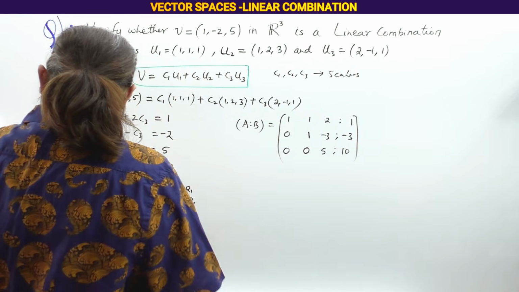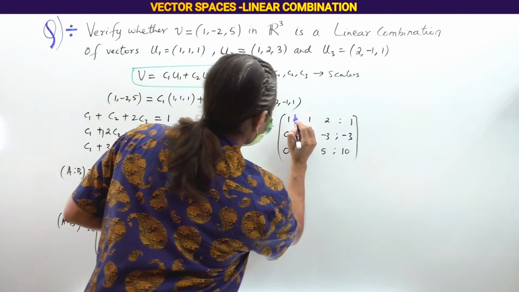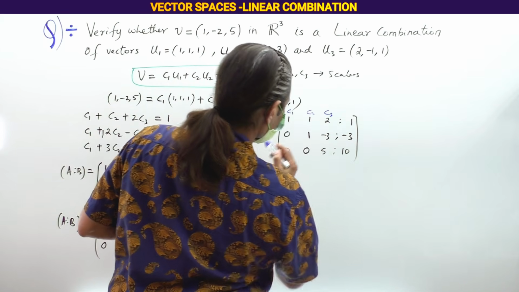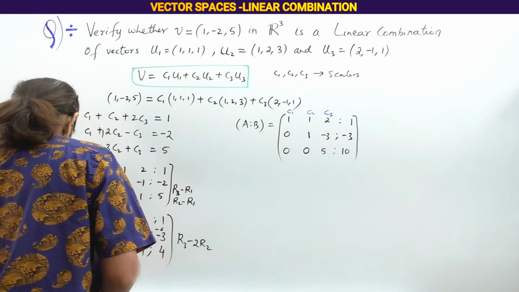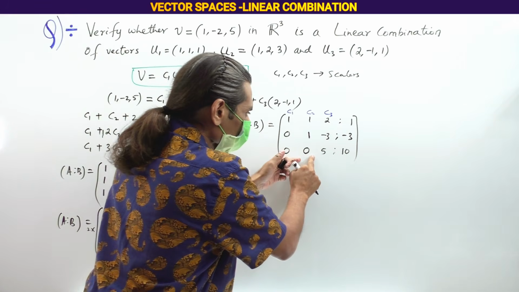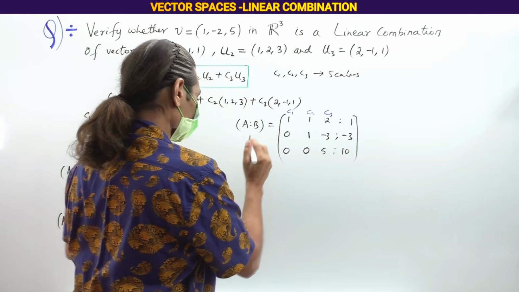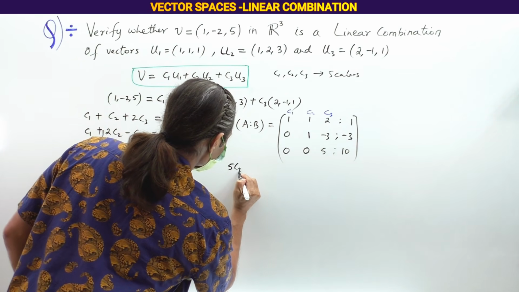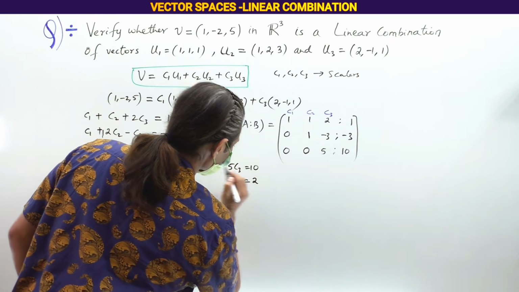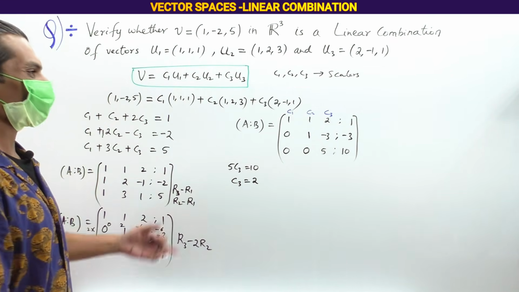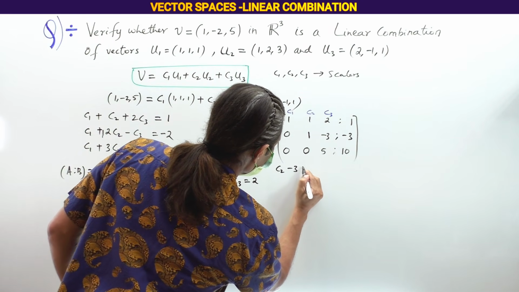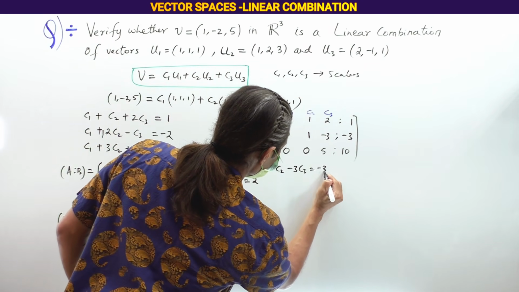See, as discussed, this whole part is for C1, C2 and this is C3. So let's find the values. Lastly, 0 C1 plus 0 C2 plus 5 C3 is equal to 10. So we have 5 C3 equals 10, so C3 equals 2, since 5 2s are 10. Done. Similarly, second row: C2 minus 3 C3 is equal to minus 3.